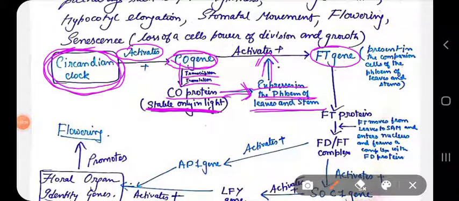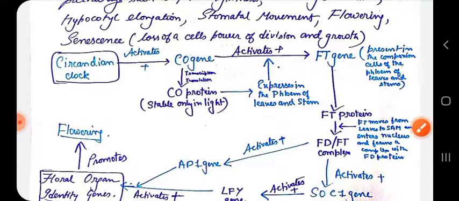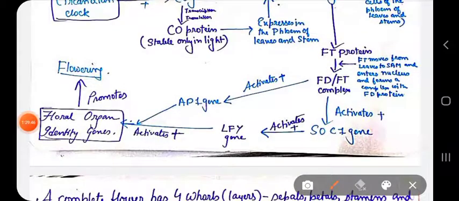Okay, the companion cells that you have studied besides phloem and xylem, these FT genes which are present in the companion cells are going to be transcribed and translated to form FT protein. FT protein then moves from the leaves to the shoot tip, that means into the shoot apical meristem, and enters the nucleus and forms a complex called FD-FT complex.